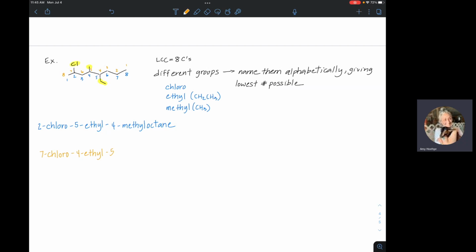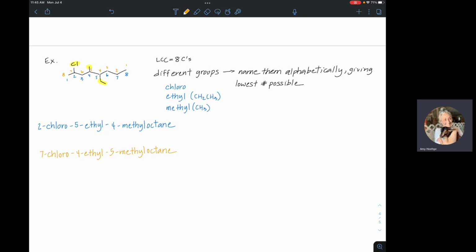I now have 5-methyl. Octane. And you have to look at these and say, all right, well, I've put everything in alphabetical order accordingly. I have given this the correct number of carbons in the parent. I've successfully named this as an alkane.